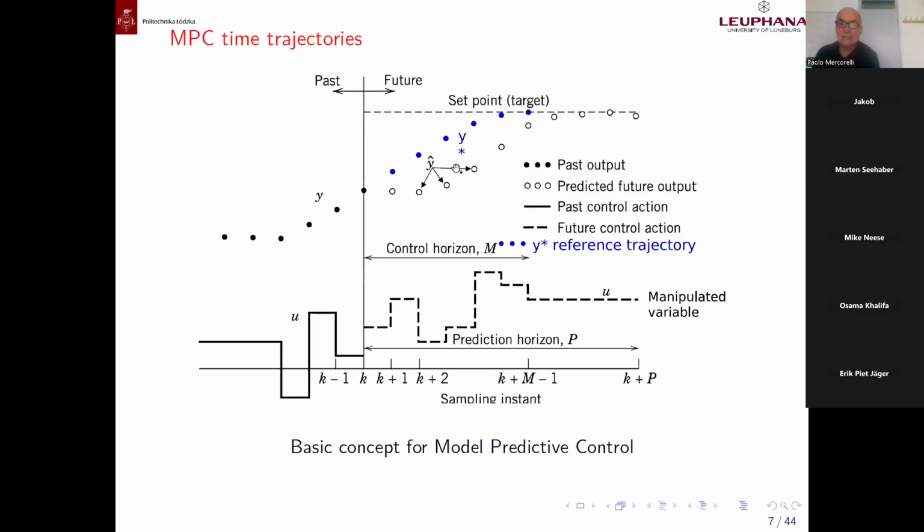Again, we can see here that we have the future and the past. That's not a big problem. Here I represented just the manipulated variable, the U. We can see clearly that we have a control horizon and a prediction horizon.